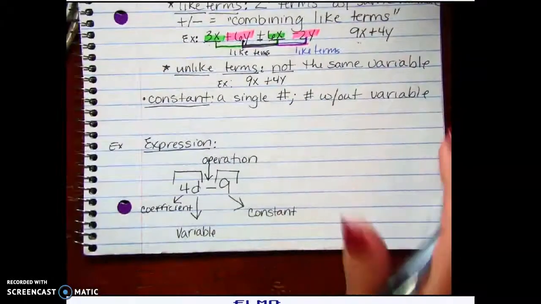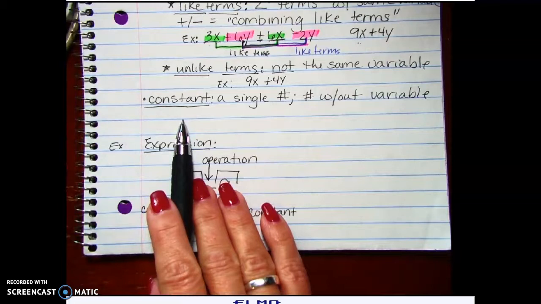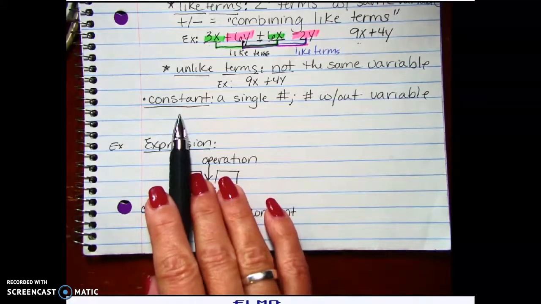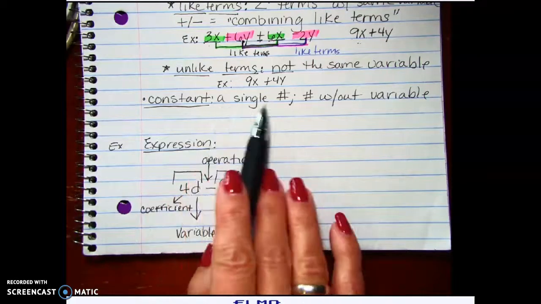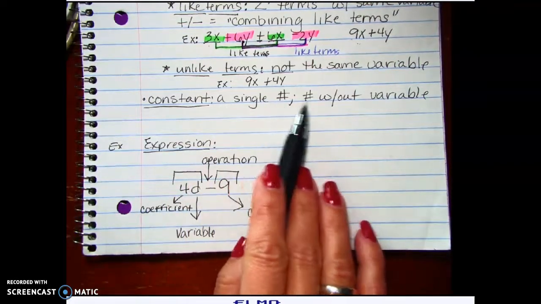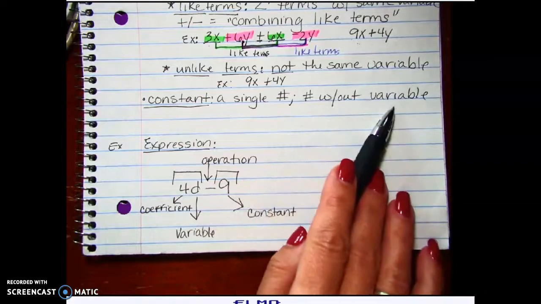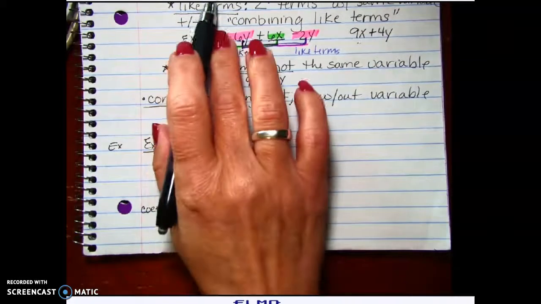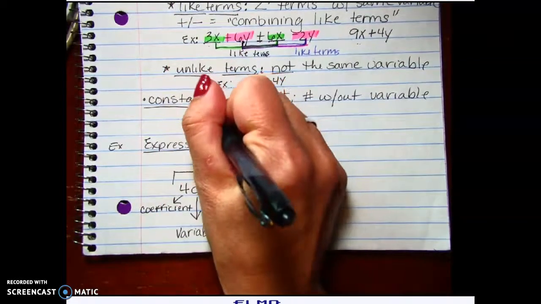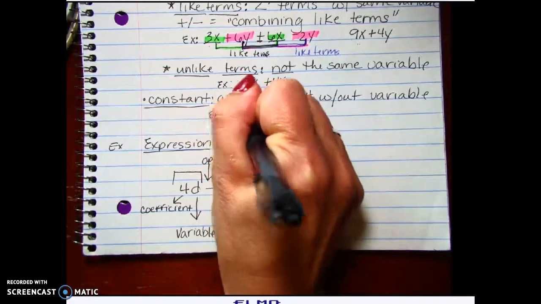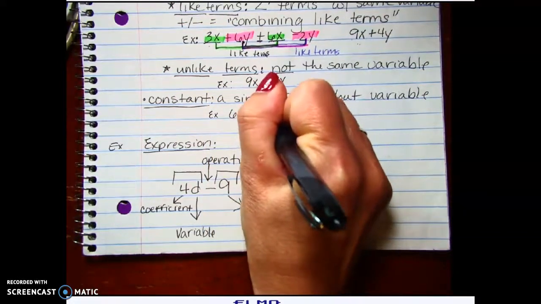Now, let's move down to our very last definition, the word constant. Constant is a single number, or a number without a variable. So let's take this problem we had earlier, 6x plus 3.